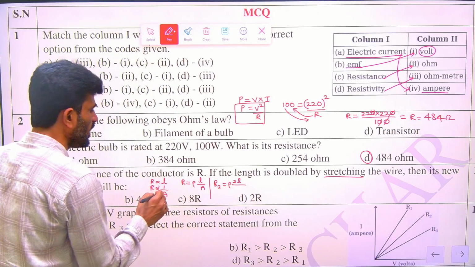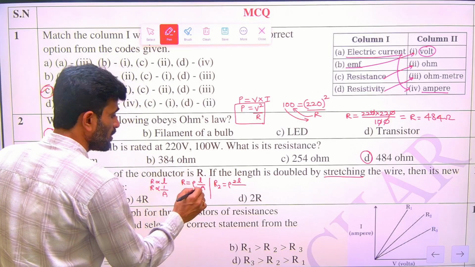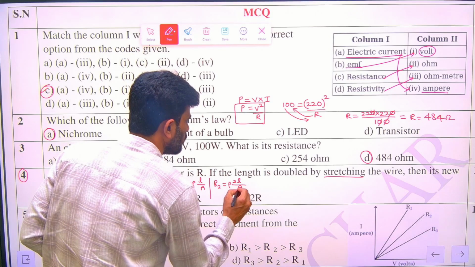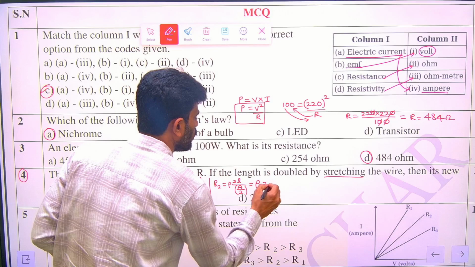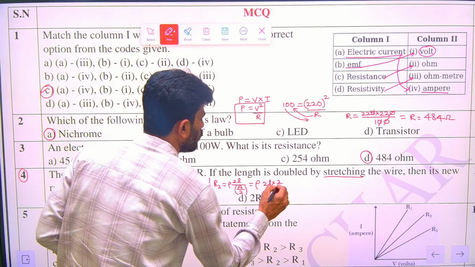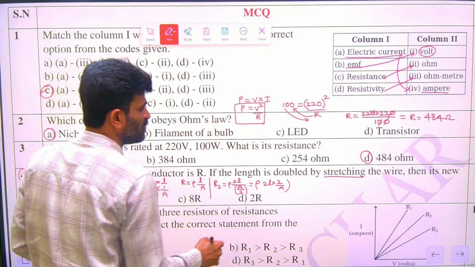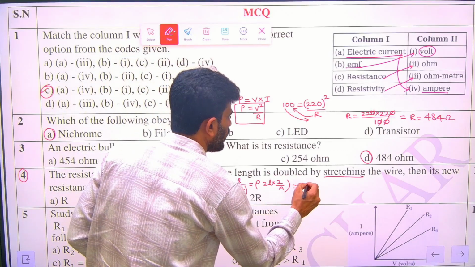But what happened to A? It is made half. In the second case, A is half, so you have to take it as A by 2. Now overall it will be rho into 2L into 2 by A, because this A by 2 becomes its reciprocal. Now it becomes rho into 2 into 2, that is 4, into L by A.